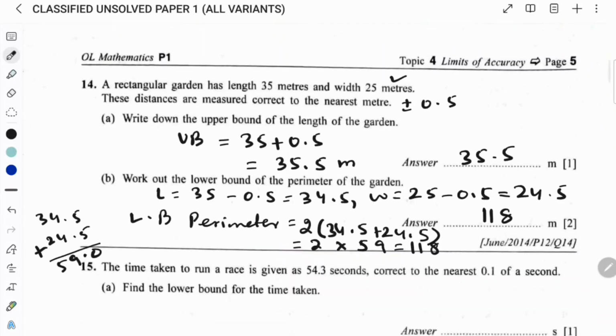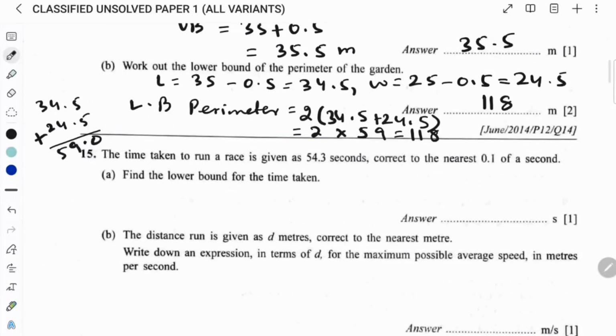Alright, the next question, the 15th question. The time taken to run a race is given as 53.4 seconds, correct to the nearest 0.1 second, which means plus or minus 0.1 upon 2. 0.1 means a tenth, so 0.05 you will add and subtract. Lower bound of the time taken: the lower bound of the time is 54.3 minus 0.05.